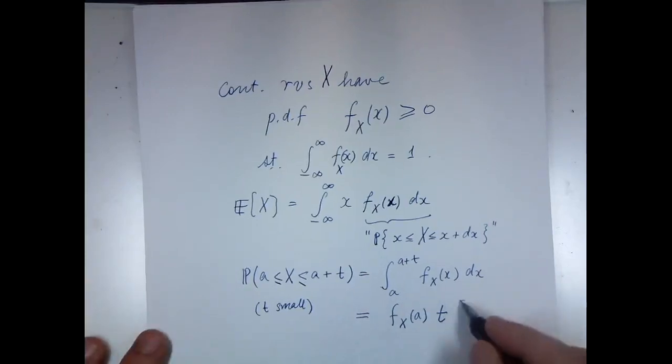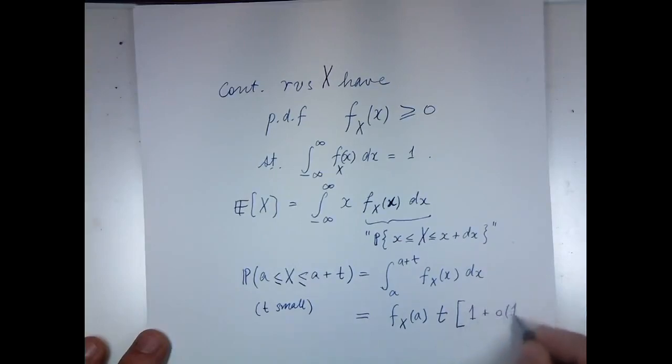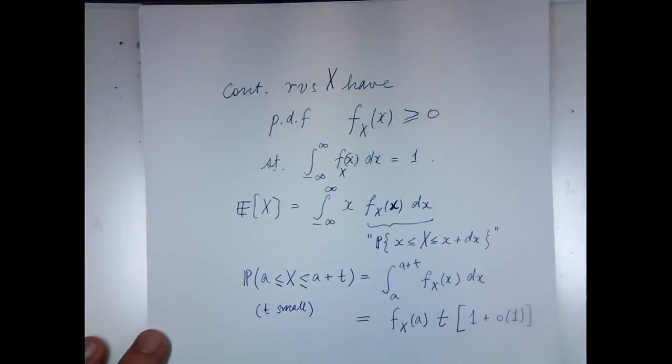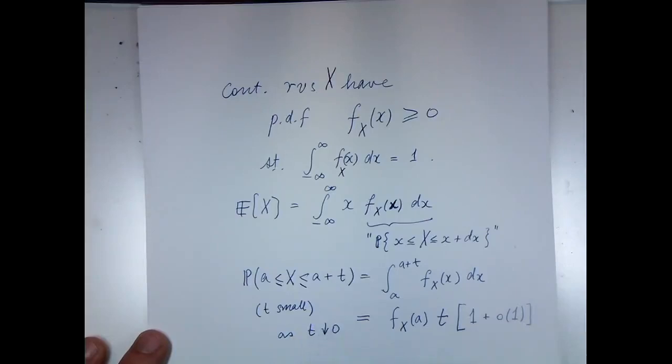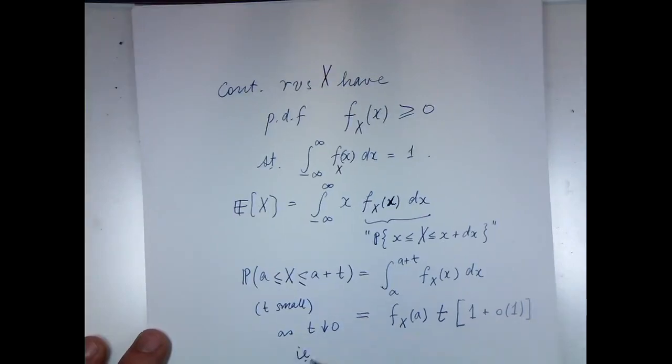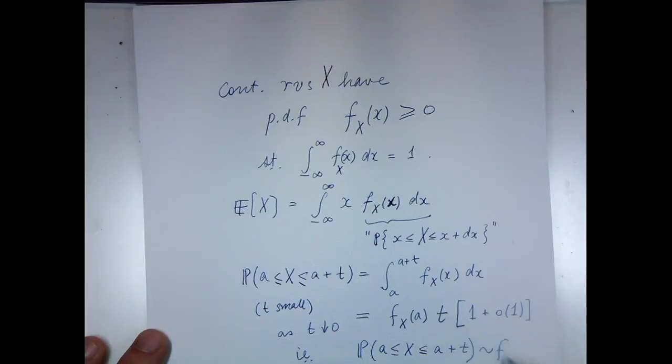So I can say there's a factor of 1 plus little o of 1, where little o is as t goes down to 0. Another way to say that, a nicer way, and more precise than just approximately, is that the probability that a is less than or equal to X is asymptotic to f_X(a) times t as t tends to 0.